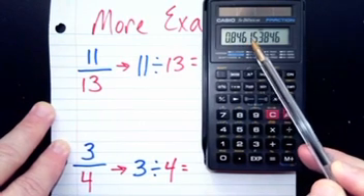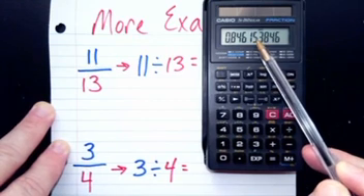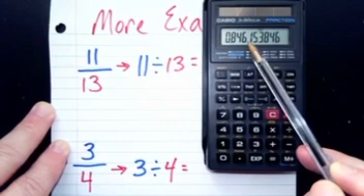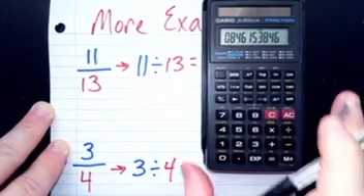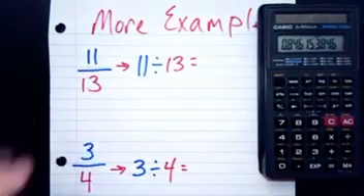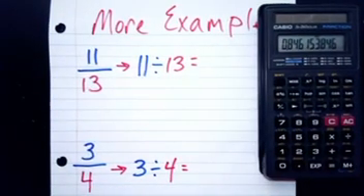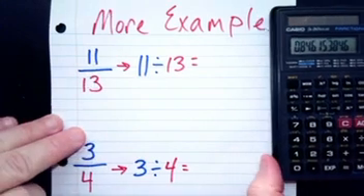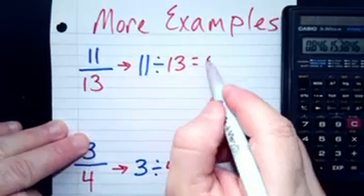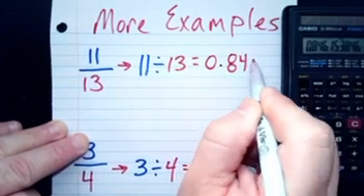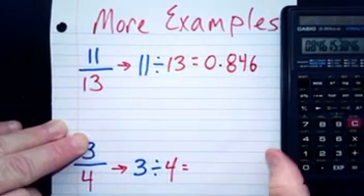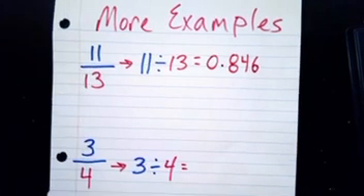But if you see here, that 1 could be rounded up because the number to the right is 5 or larger, which would become a 2, which would not affect the 6. So I'll use 0.846 as my decimal. Okay. Now, I have converted that fraction into the decimal.